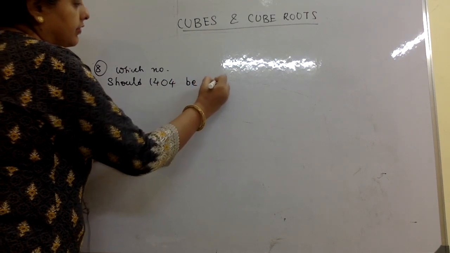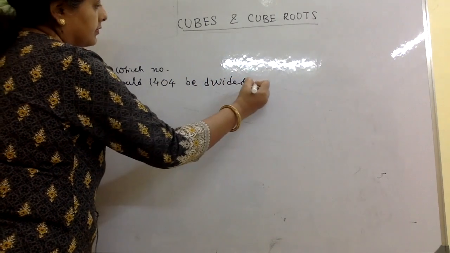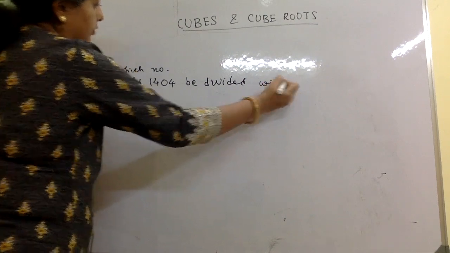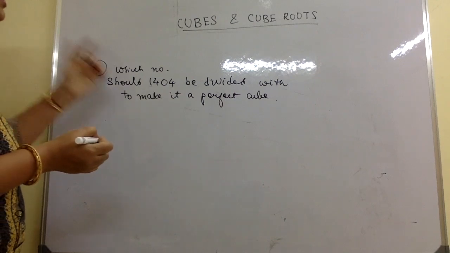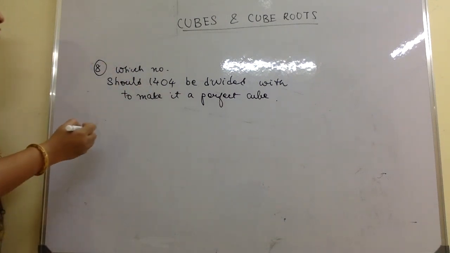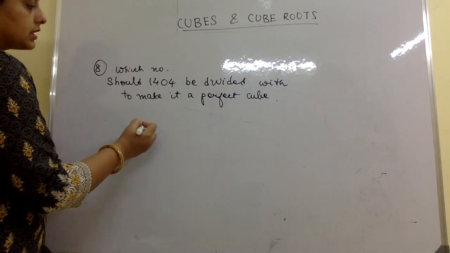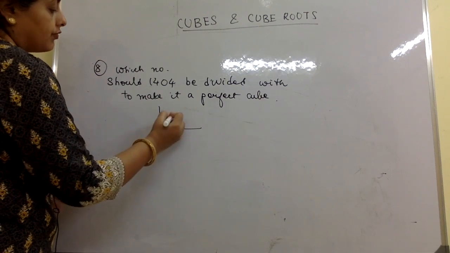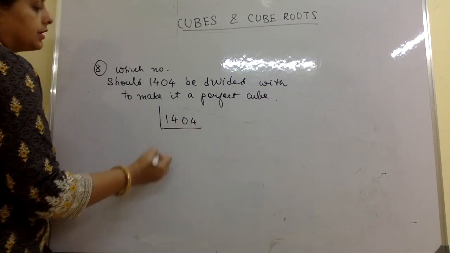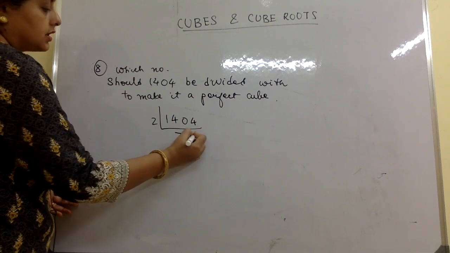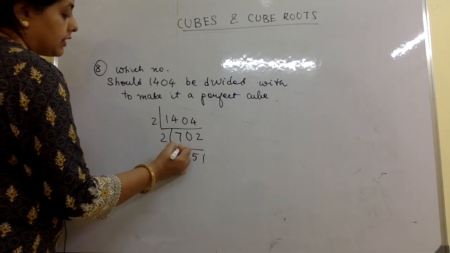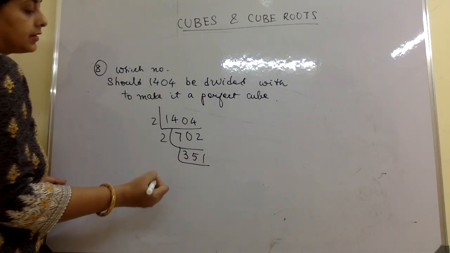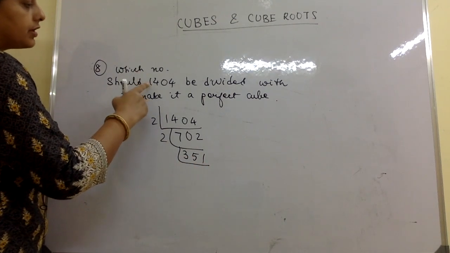So 1404 should be divided with what in order to make a perfect cube? Now here, 1404 is 2 into 702. Okay, it's 2 into 351. By which number should we divide this?